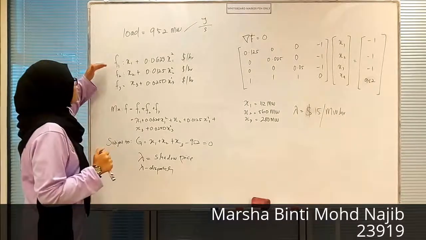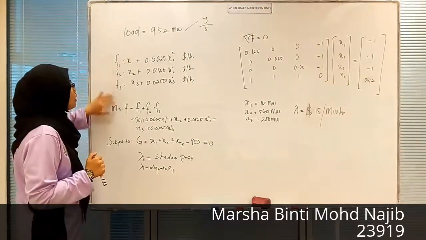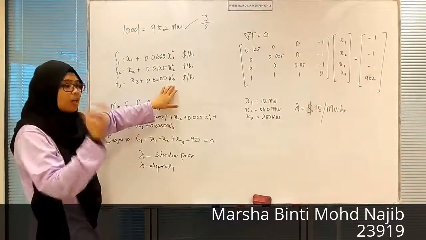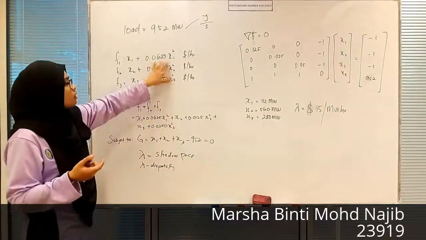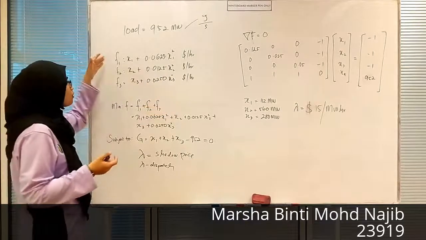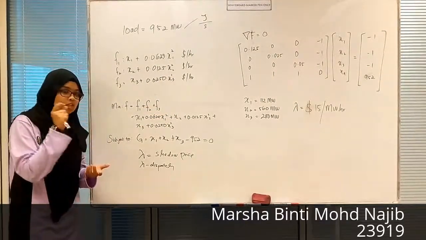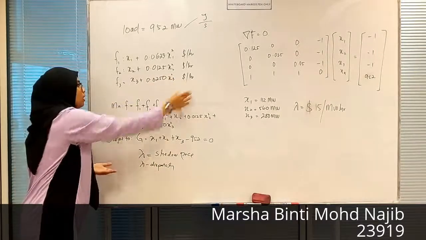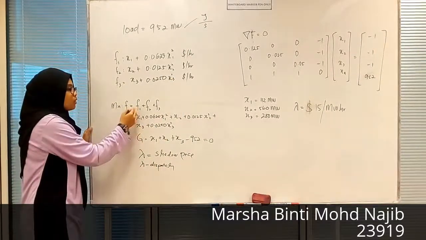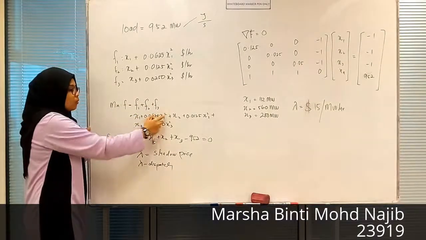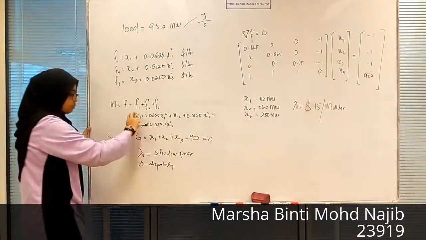Basically, these are the functions given, f1, f2, f3. x1, x2, x3 are the output power of generators 1, 2, and 3. These are the functions that need to be minimized. The objective is to minimize the cost per hour. So we set up the functions f1, f2, and f3 and plug in all the values.